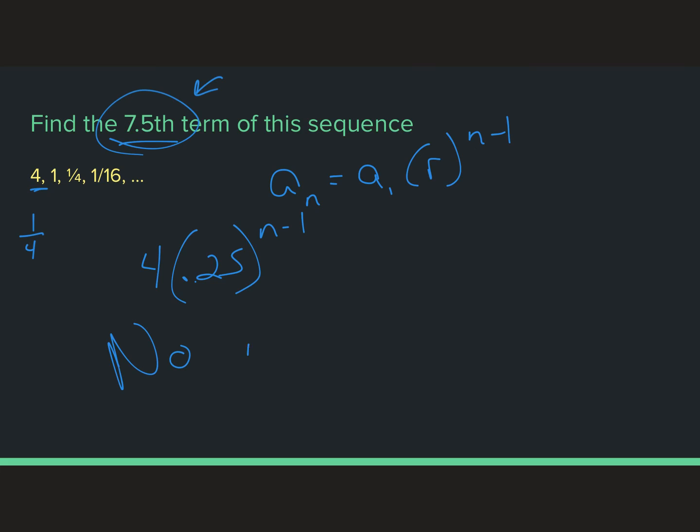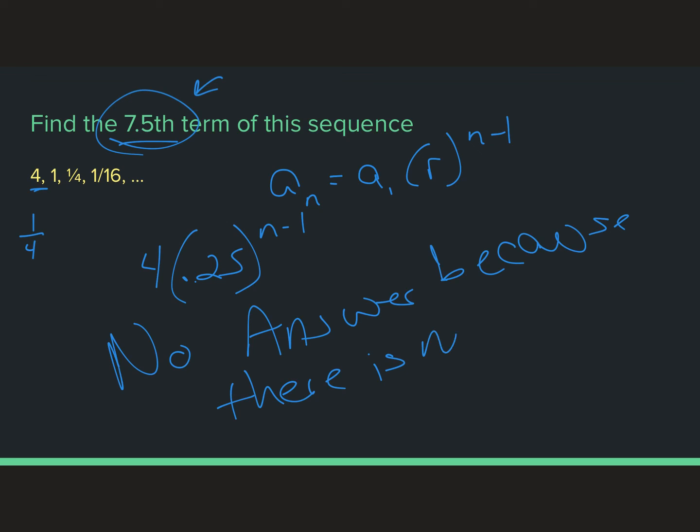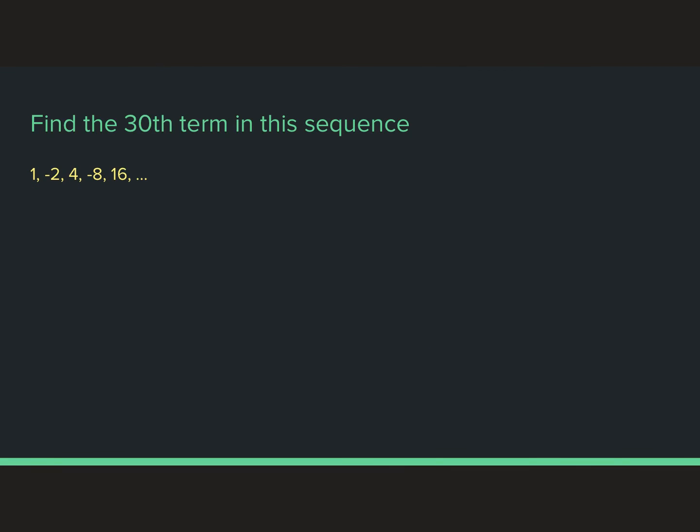So there's no answer, because there is no 7.5 term. It would be something between the 7th term and the 8th term. But there is no 7.5 term. There's no decimal terms. So you would just write no answer. There is no term. Okay, next one.